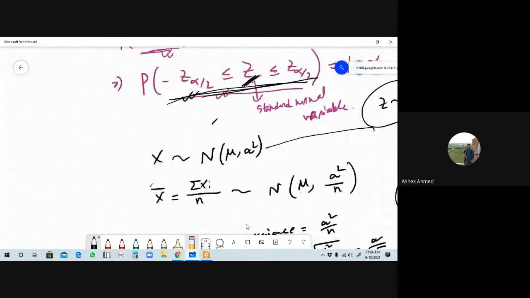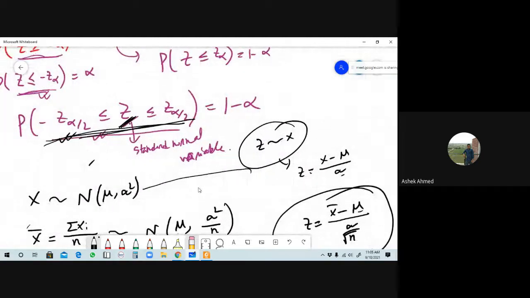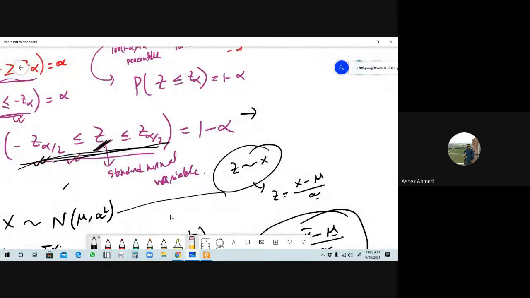Look here, our last inequality was the probability of minus z suffix alpha by 2 less than or equal to capital Z less than or equal to z suffix alpha by 2. If you imagine a real line, if this point is minus z suffix alpha by 2, that point will be z suffix alpha by 2.